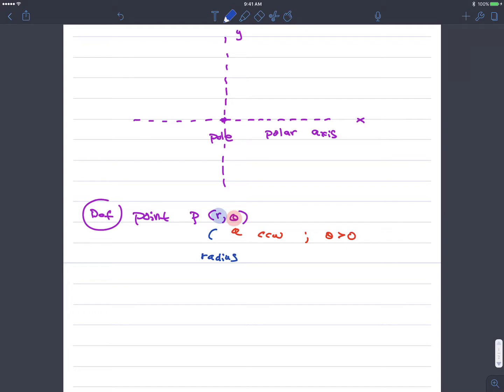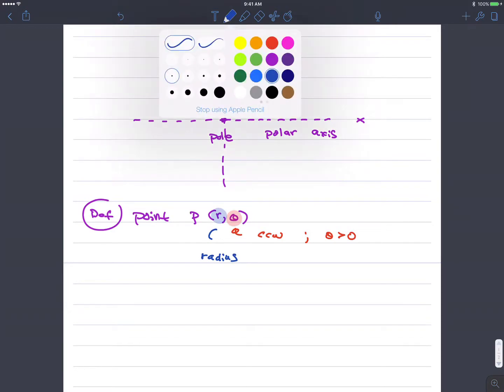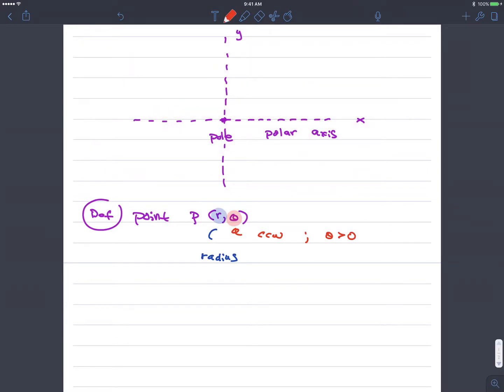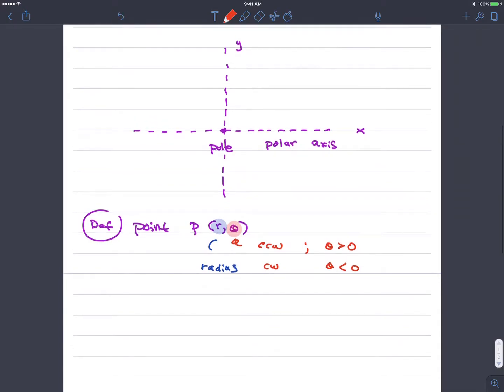You need a radius value and you need an angle. Okay? And positive angles are rotated counterclockwise. And by the way, negative angles also exist and they are rotated clockwise. So here are our notes. This is the definition of a point.